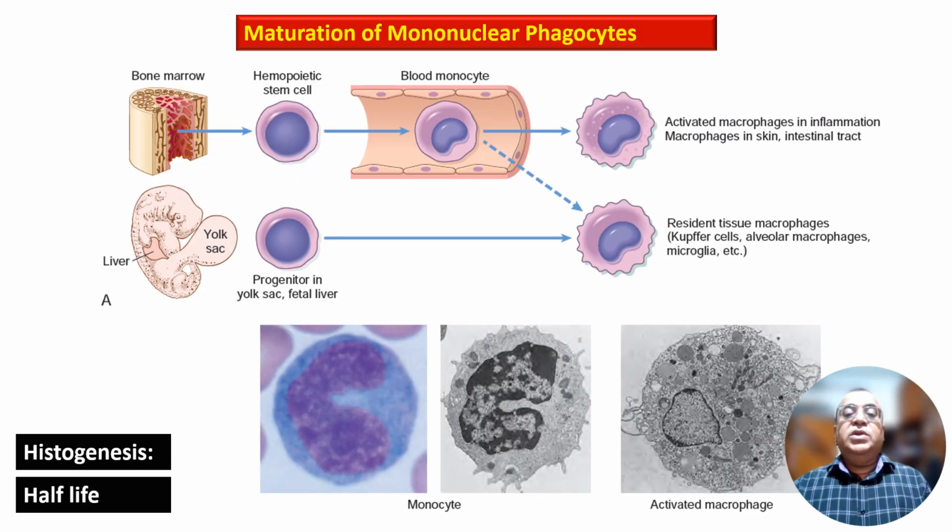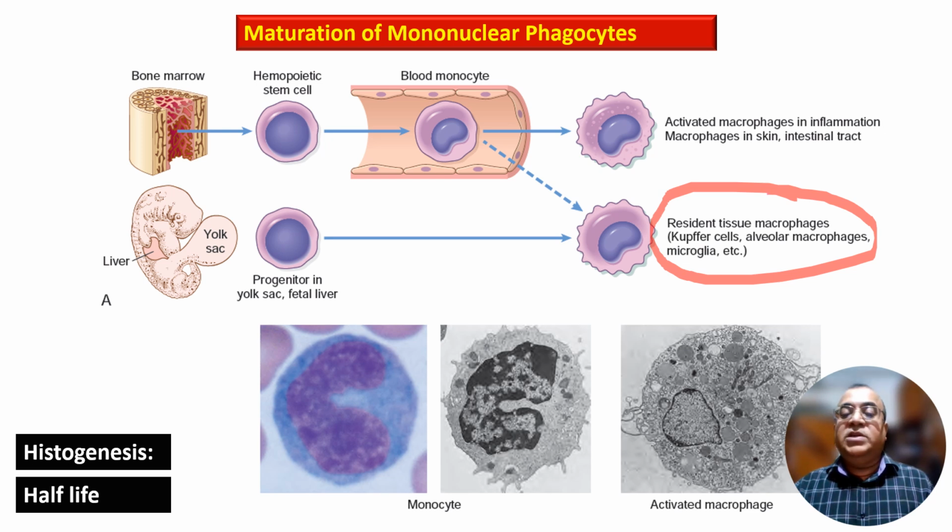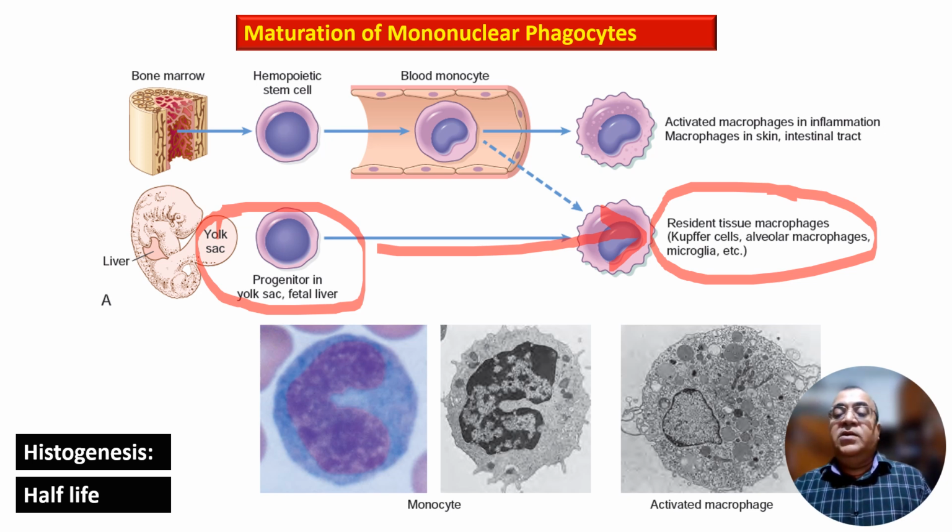This picture is showing the maturation of mononuclear phagocyte. Here we can see that the resident tissue macrophage, that has got a specific name in many of the tissue, is derived from yolk sac in the early embryonic life that form this single lobed kidney shaped nucleus content of the resident macrophage.